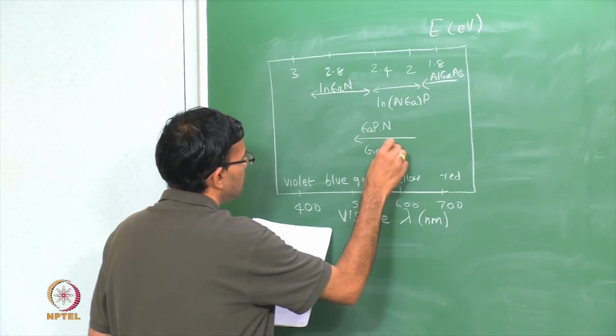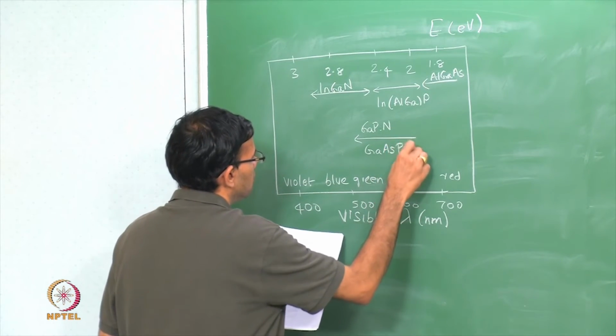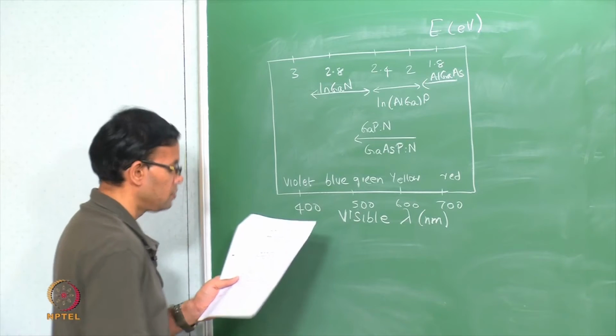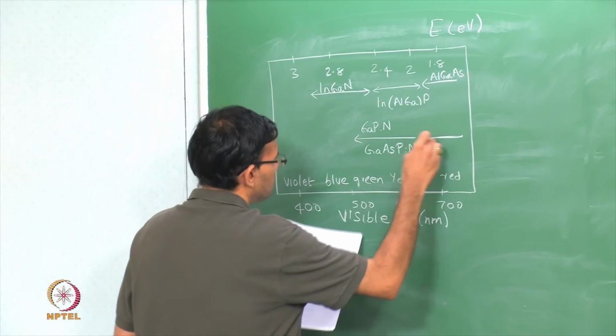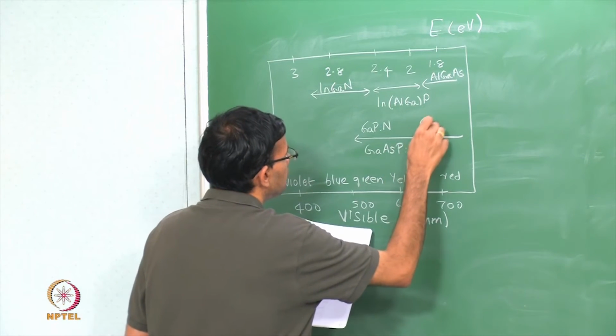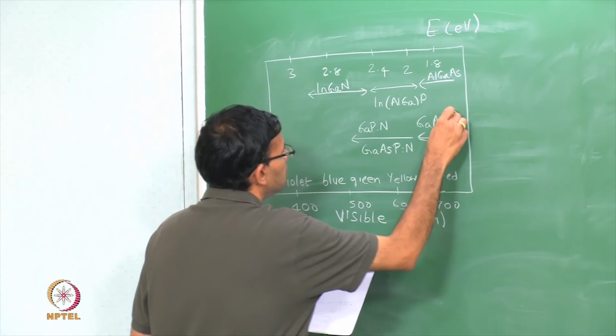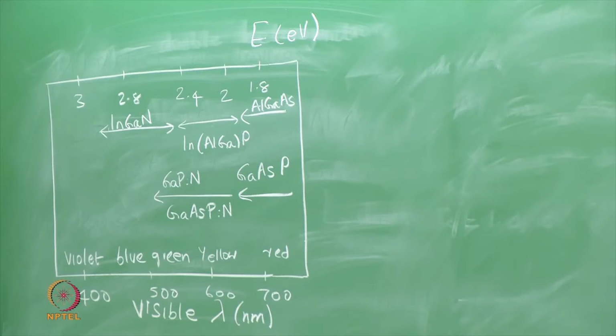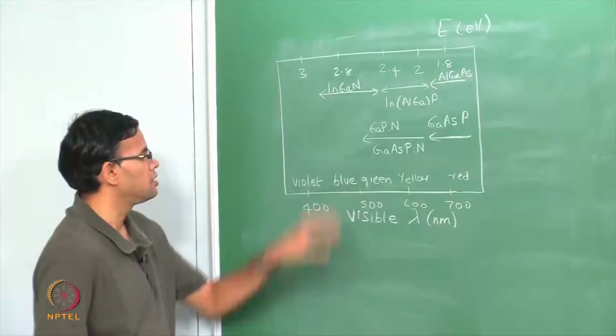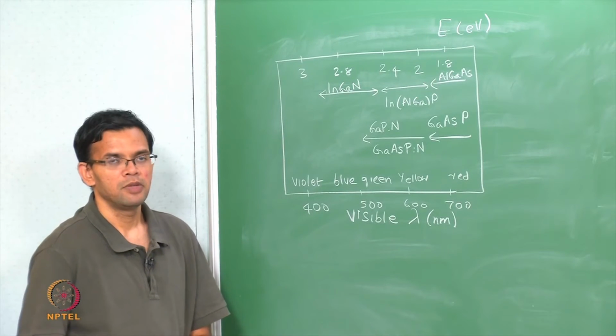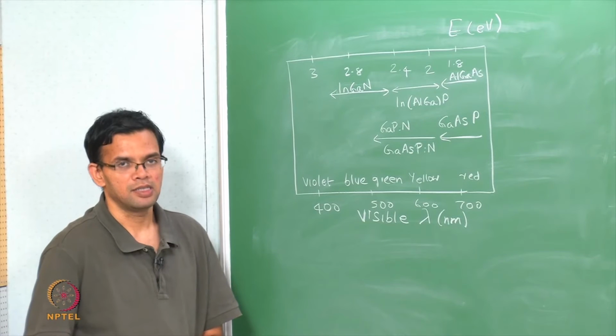If you see, most of these materials are based upon 3-5. You can also have 2-6 based materials with different values, but they are all based off of gallium arsenide.